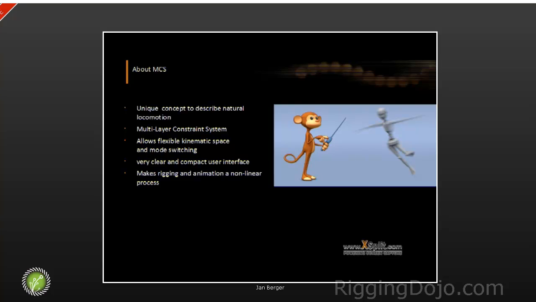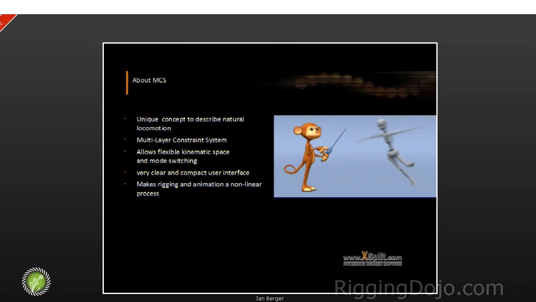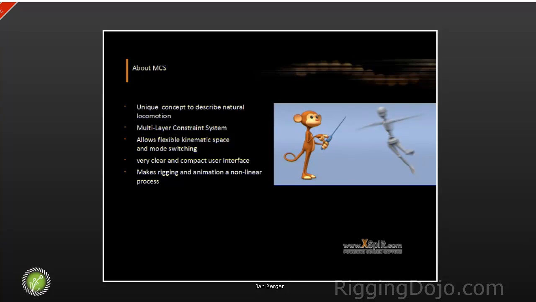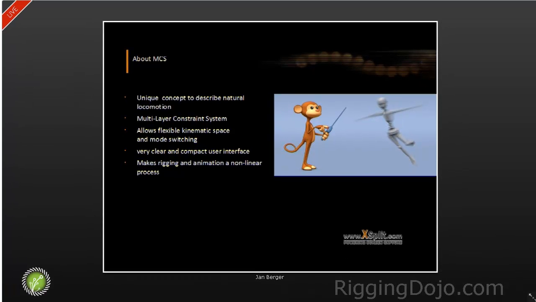It has a very clear and compact user interface, so you need to learn some things about it to understand its functionality, but once you have understood these core concepts, you can have a lot of freedom. And it tries to make the process linear.